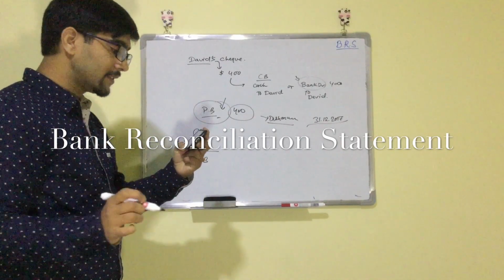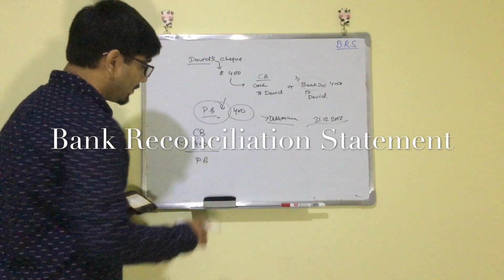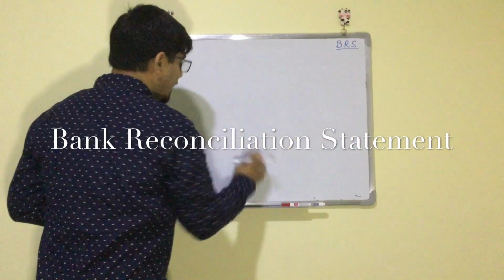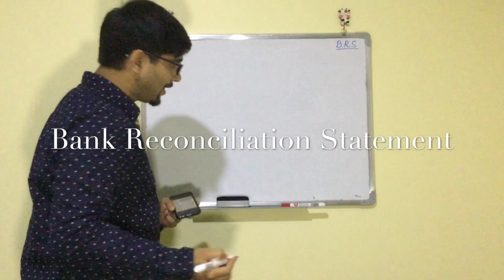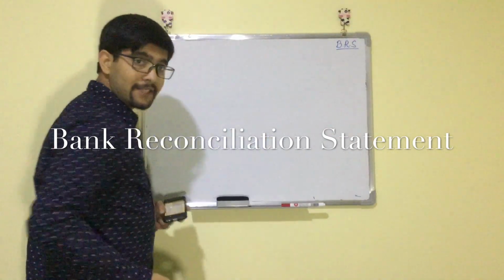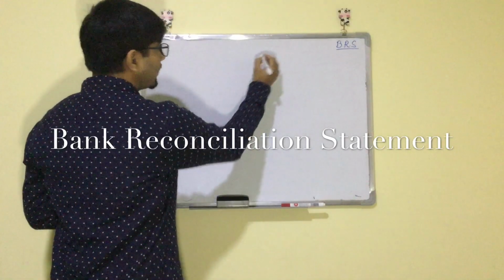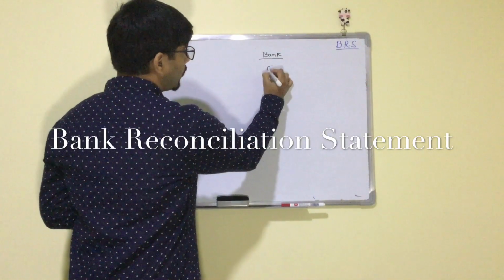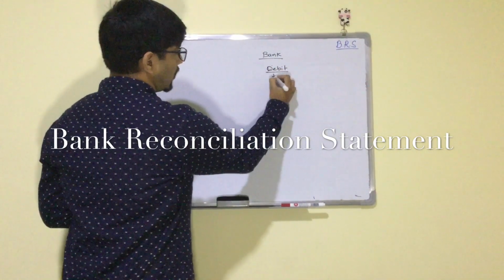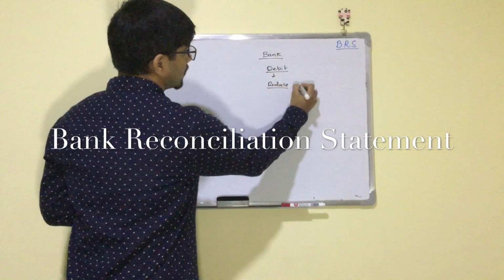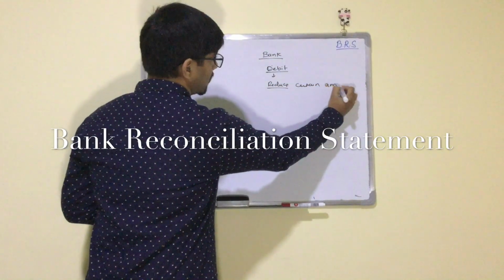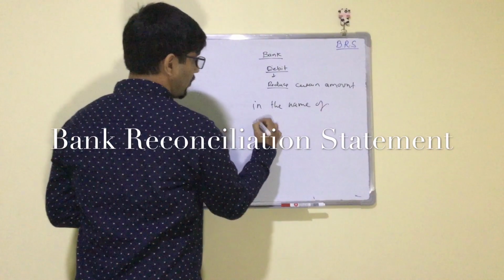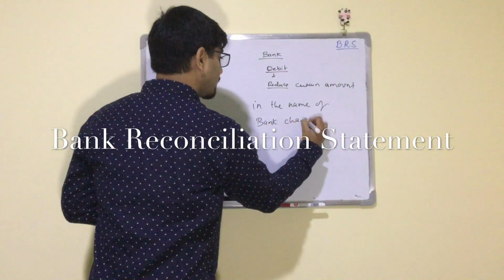Passbook showed bank charges of 20 debited by the bank. So what has happened? Ordinarily this kind of transaction happens at the year end or month end. The bank will charge or debit certain charges, that means the bank will reduce a certain amount in the name of bank charges.